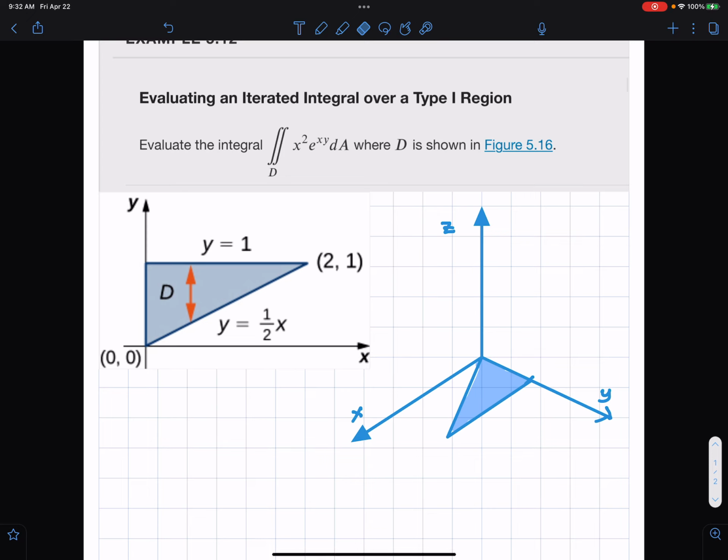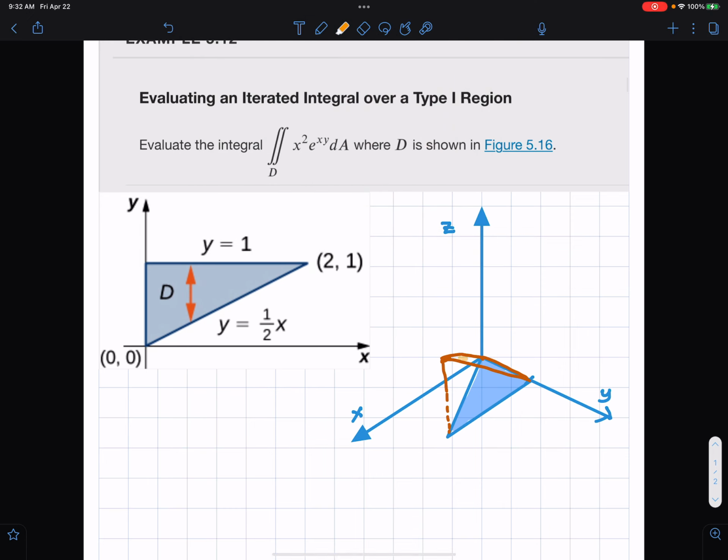At the origin, it's zero. So the surface probably looks more like this or something. So maybe it looks something like this. Okay, so here's our surface sitting up here.